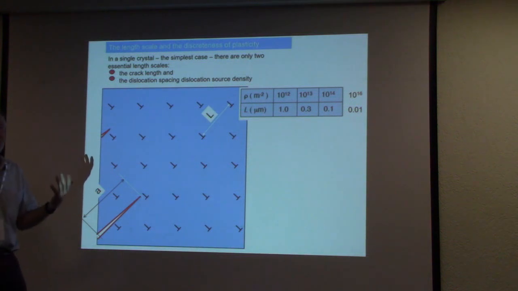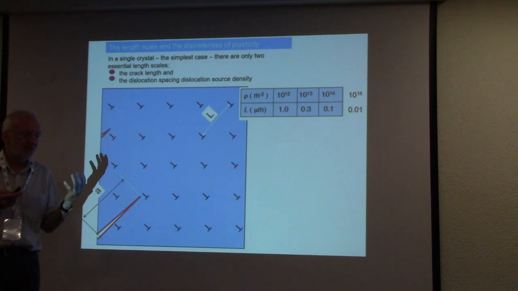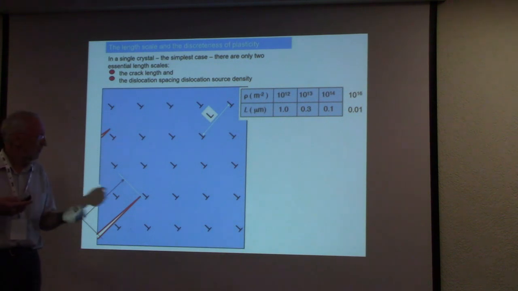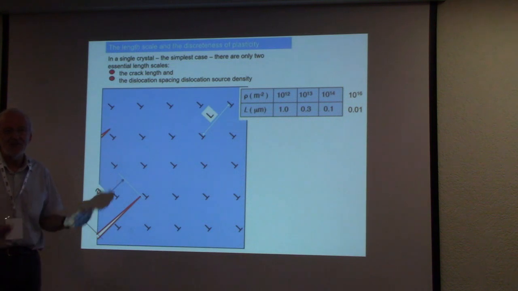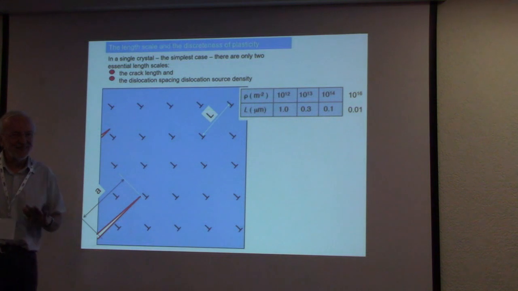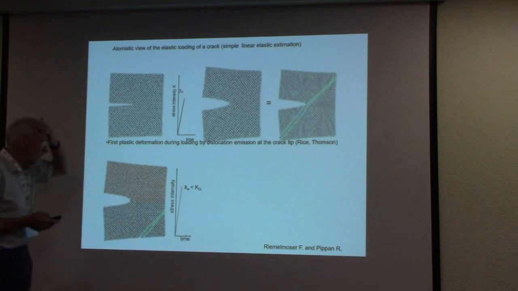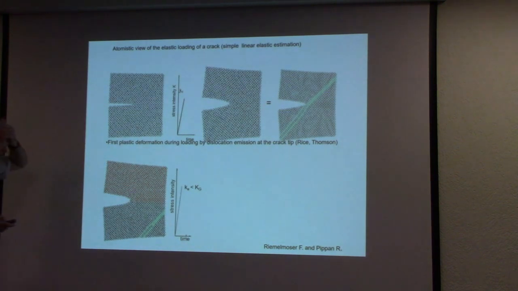If you think your plastic zone is 1 micron, but in this 1 micron you will not find a dislocation, then what you do is in principle nonsense, if you calculate the stress this way.